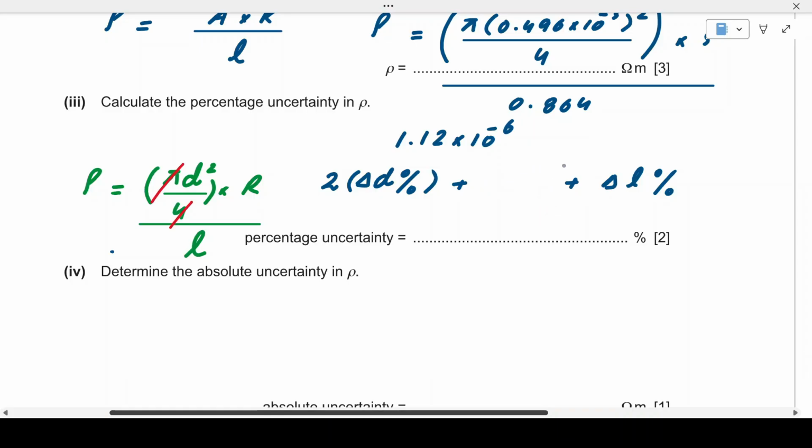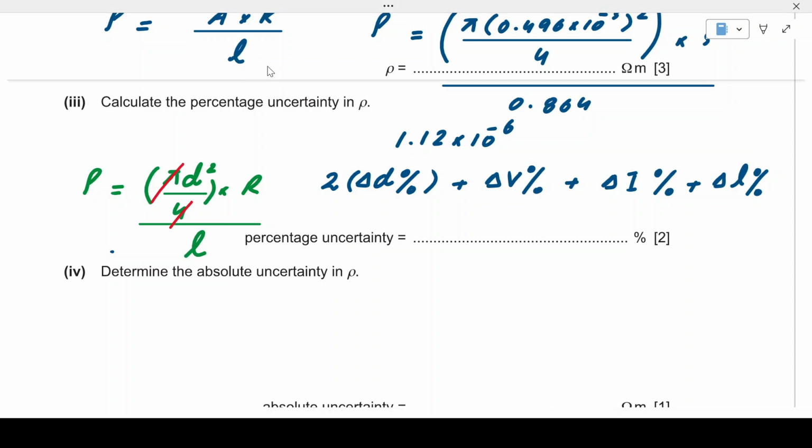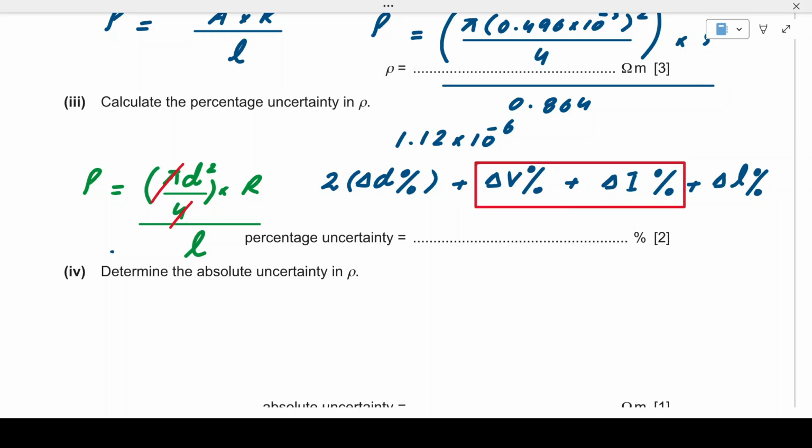So it means instead of resistance, I'll find the percentage uncertainty of voltage and the percentage uncertainty of current, because the resistance was not given directly. The absolute uncertainty of resistance is not given. Resistance was never in the table in the first place.